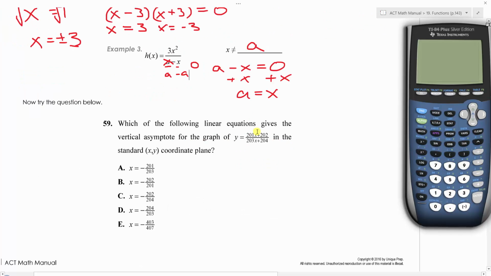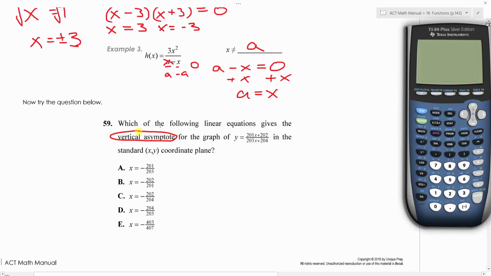Now, 59 at the bottom of this page. Which of the following linear equations gives the vertical asymptote for the graph of y equals 201x plus 202 over 203x plus 204 in the standard xy coordinate plane? So we need the vertical asymptote.